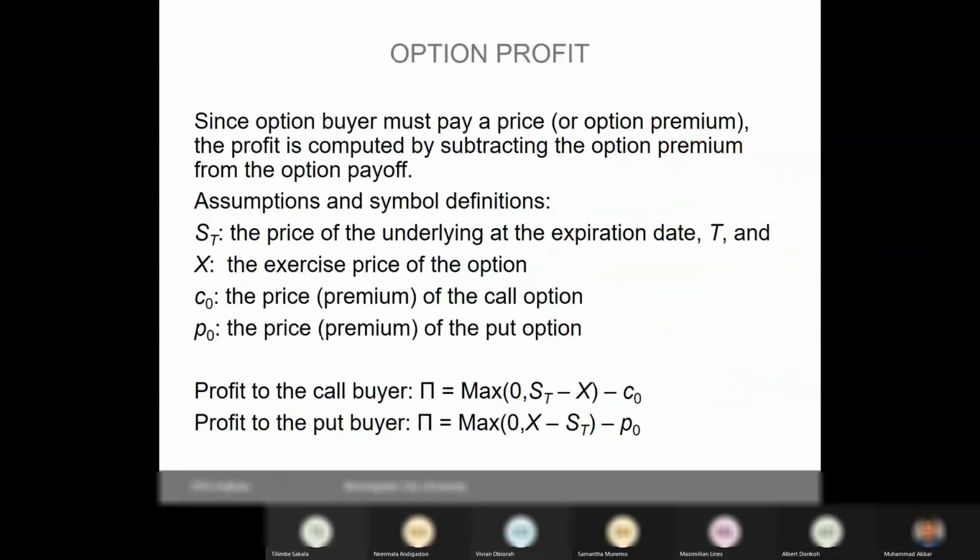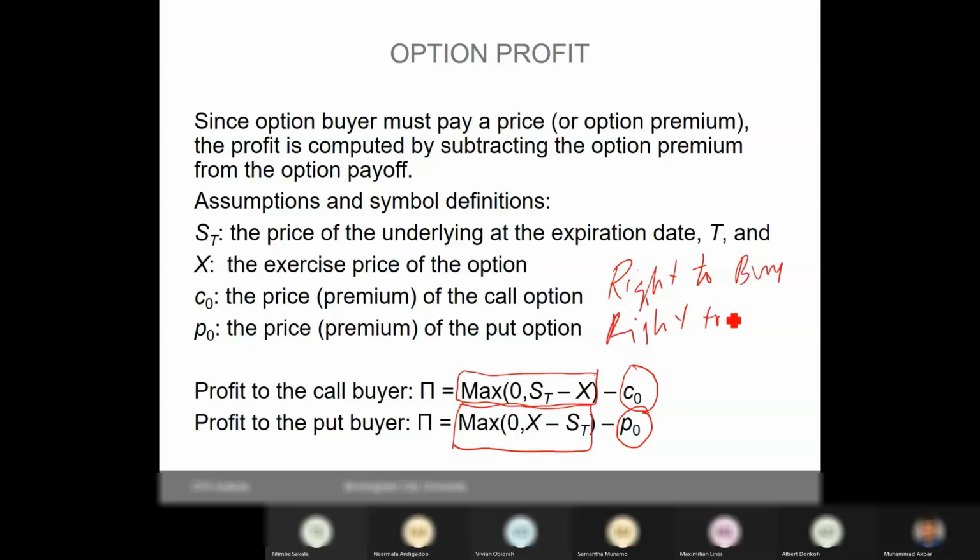And similarly, you can calculate the profit from the call and put. The profit can be calculated as whatever your payoff is from the call or the put, minus the cost of the call option or minus the cost of the put option, because the right to buy or the right to sell will be purchased. In finance we say there are no free lunches.